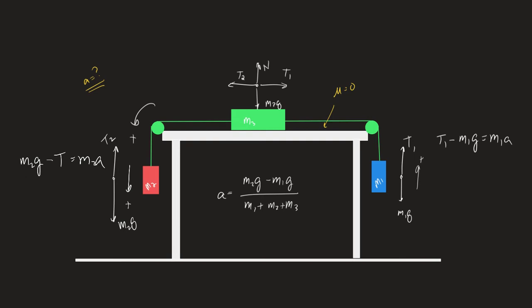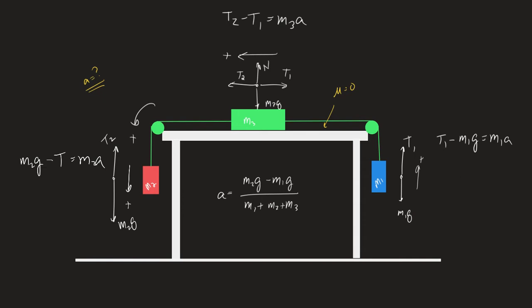The box in the middle is experiencing two horizontal forces. So T2 is positive because this way is positive. I'm basing it all on this. Minus T1 equals M3a.